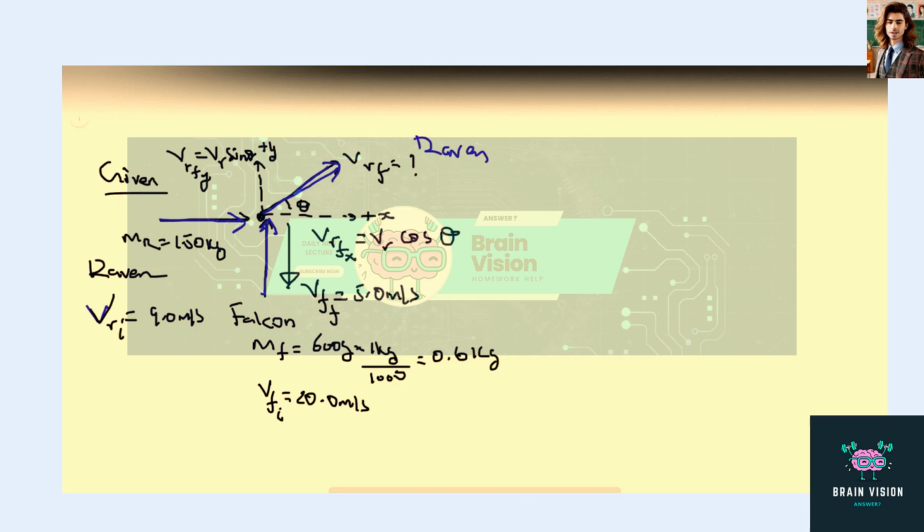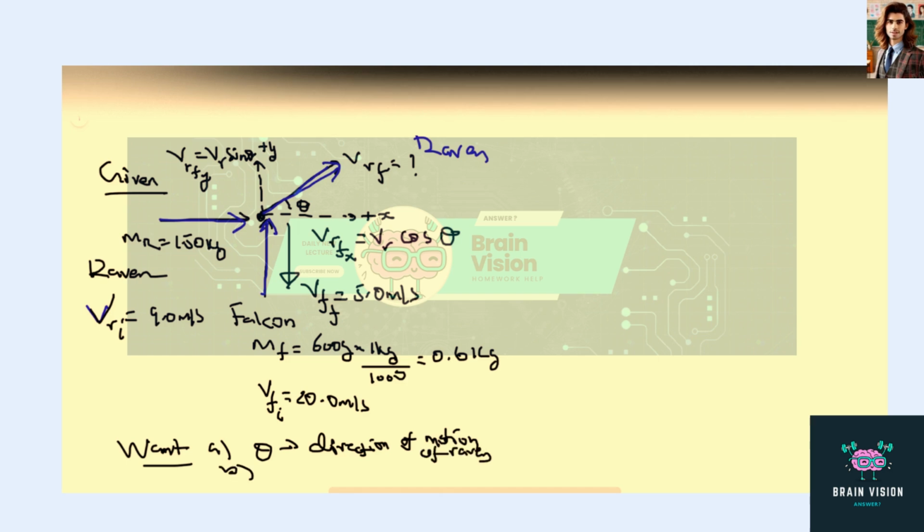And then we want to find, in part A, the angle, the theta itself. The theta is the direction of motion of the raven.